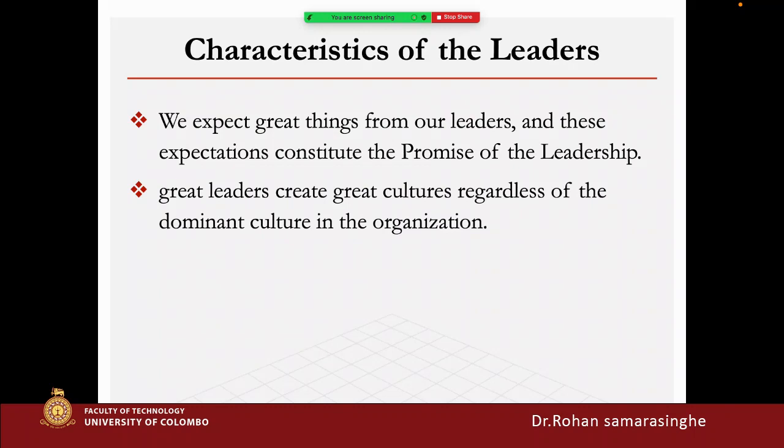So there are some companies where they call the subordinates and the managers by the first name, not like sir or Mr. or like that. And when they call by the first name, they feel that they are close to the leaders.